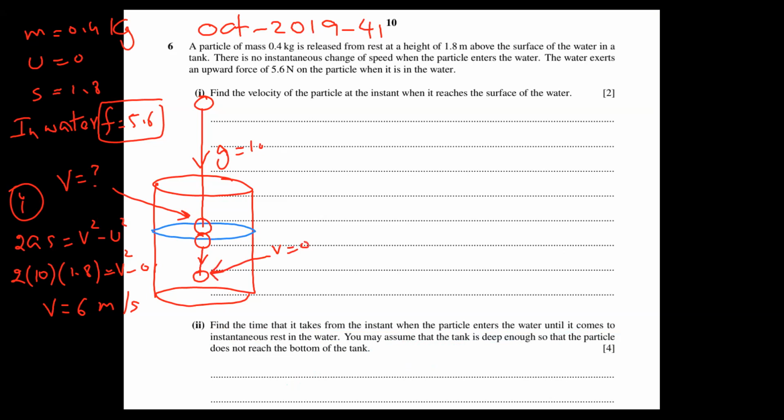Now the interesting part. I'm giving a title here: motion in water. This velocity v becomes u, so I'm writing u equals 6. The last velocity is 0 because it rests.